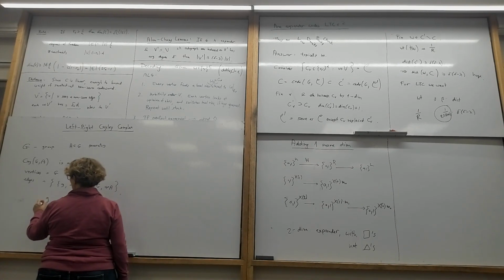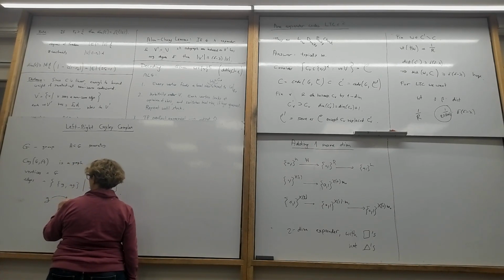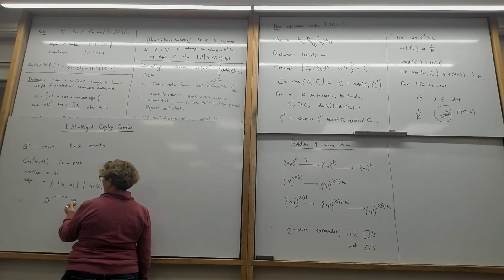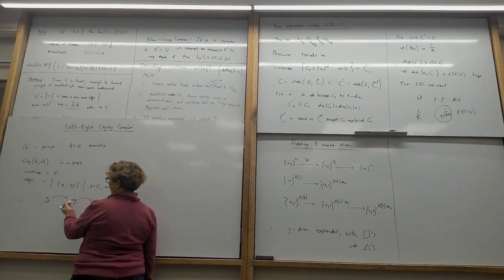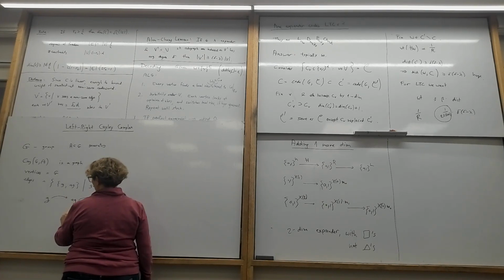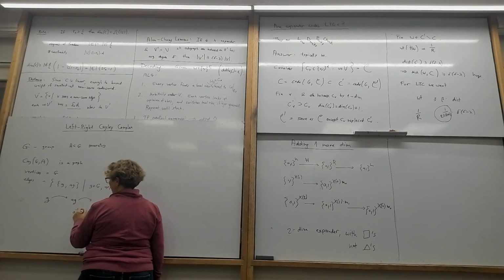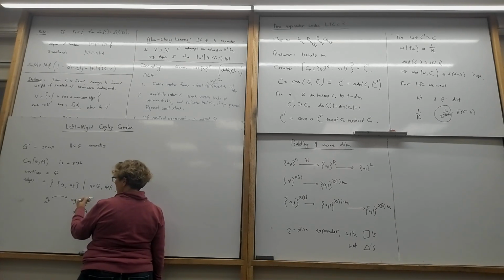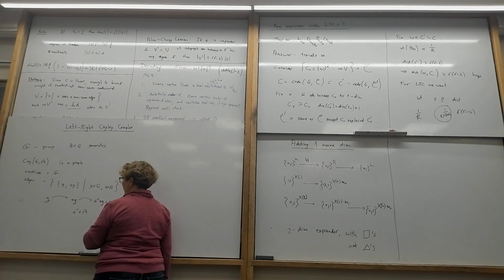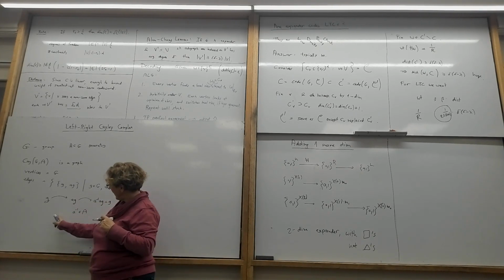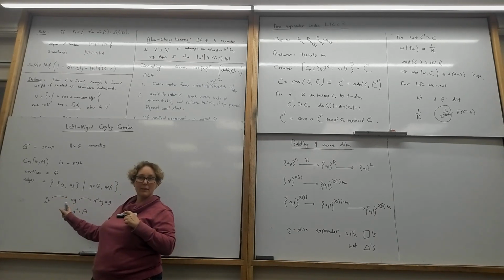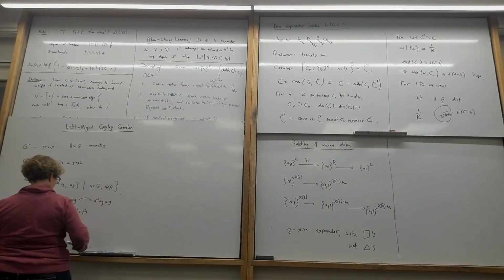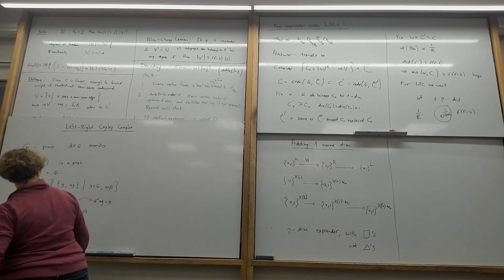If I moved from g to ag, I'm only allowed to move by multiplying from the left by some element in A. If a inverse happened to be in A, then I can multiply by a inverse and I get a inverse a g, which is g. So if for every a in A, a inverse is also in A, I get an undirected graph.